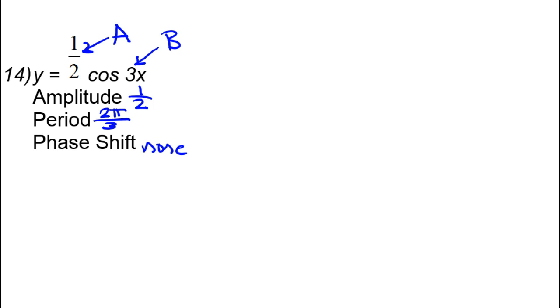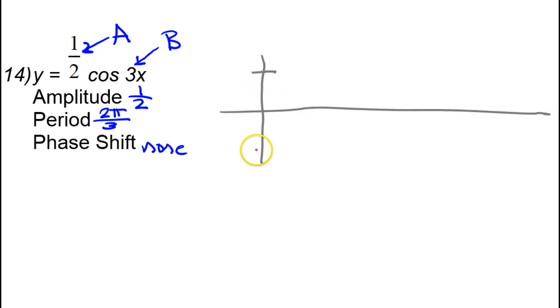All right, time to sketch the graph. Well, the amplitude is 1/2. That means it's going to go up to 1/2 and down to -1/2.